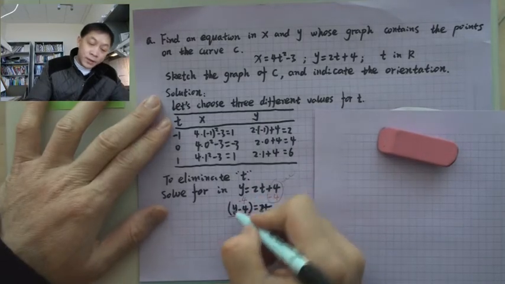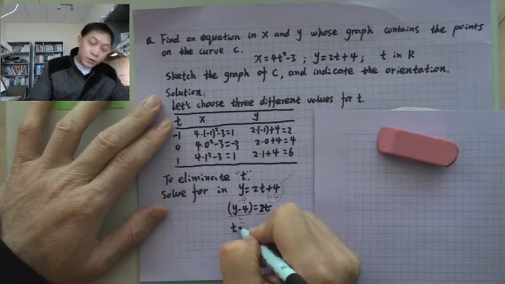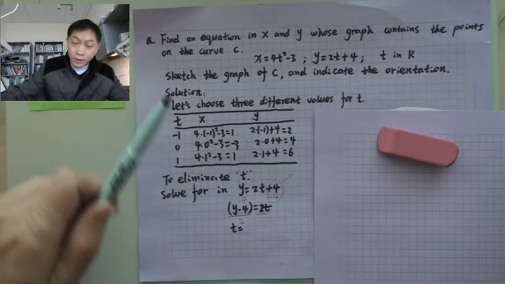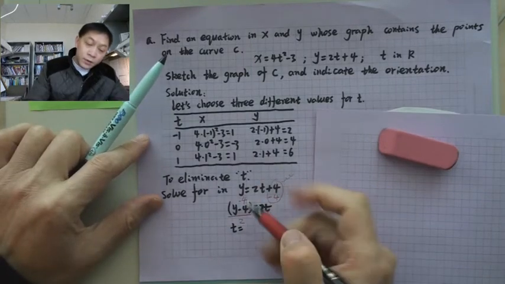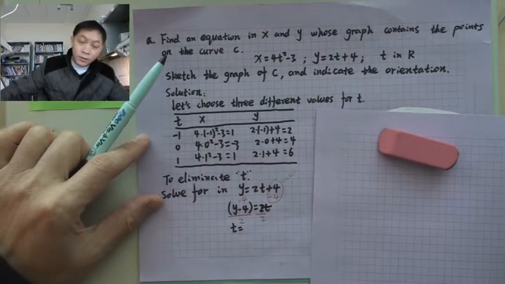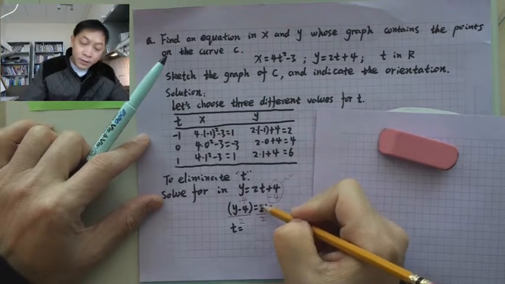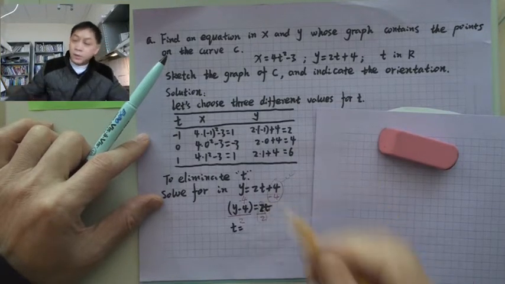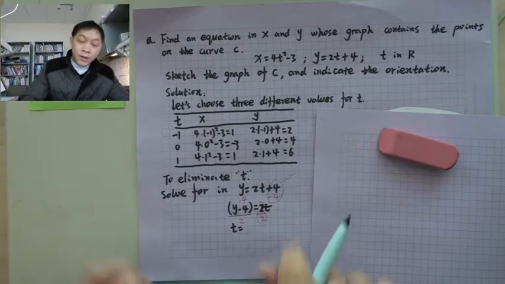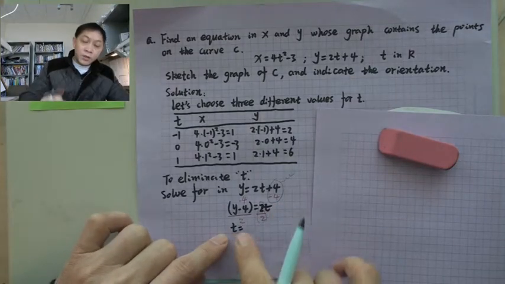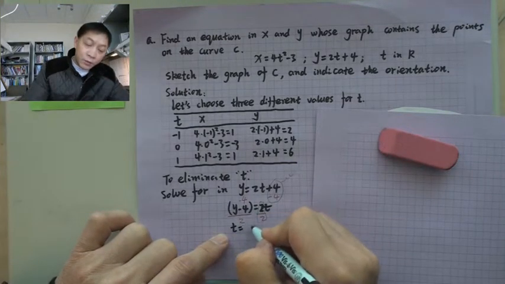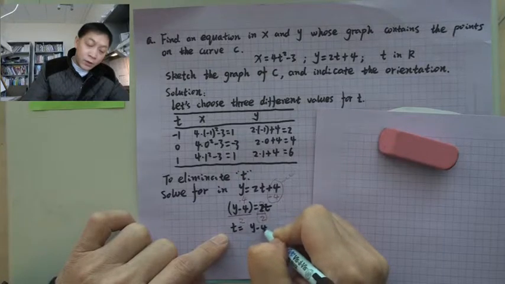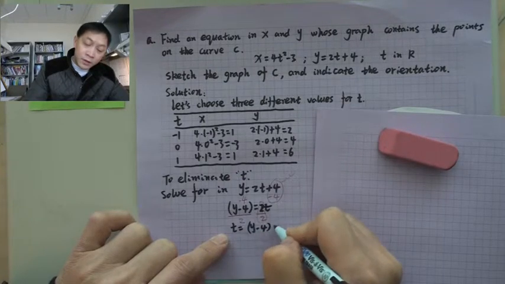What we get here is t, right hand side divided by 2. We need a 2, so we then cancel that. So t on the right hand side I wrote on the left. And then we have y minus 4 divided by 2.